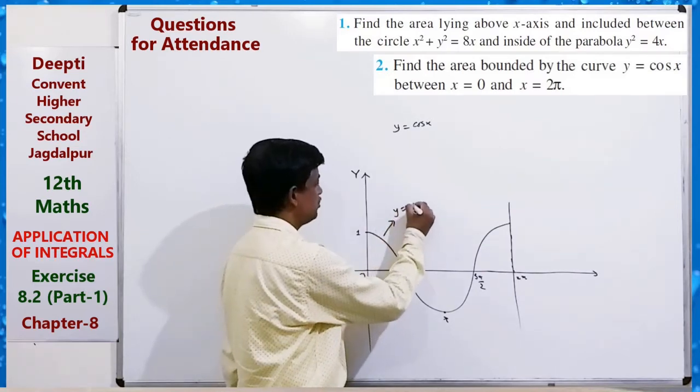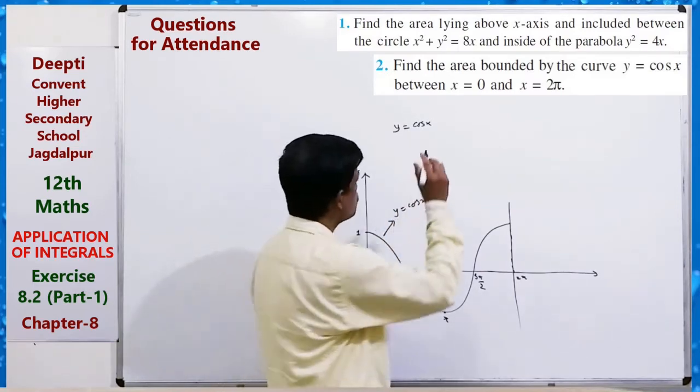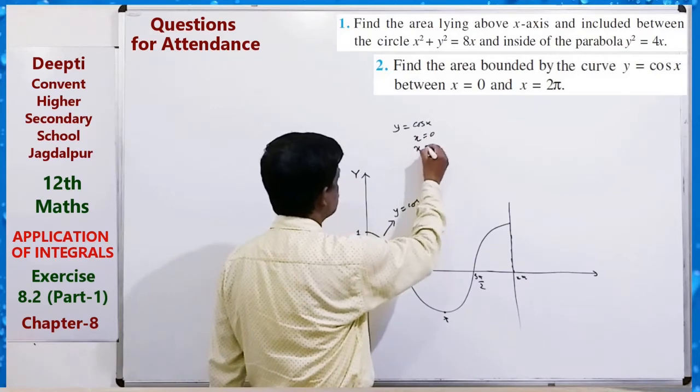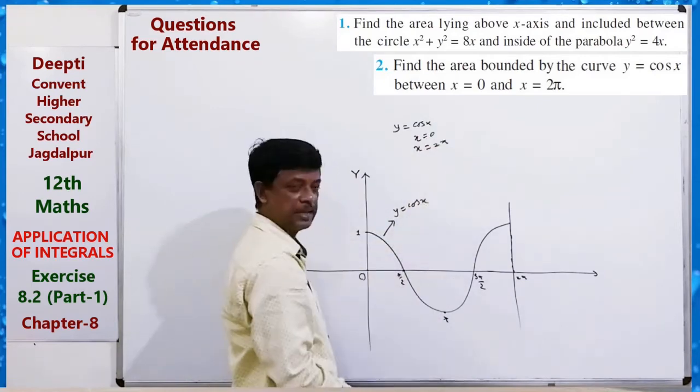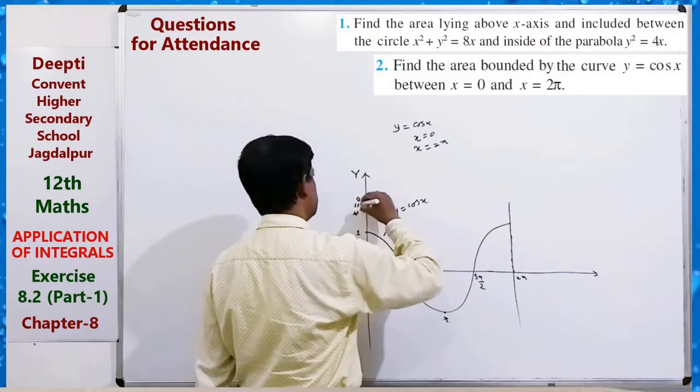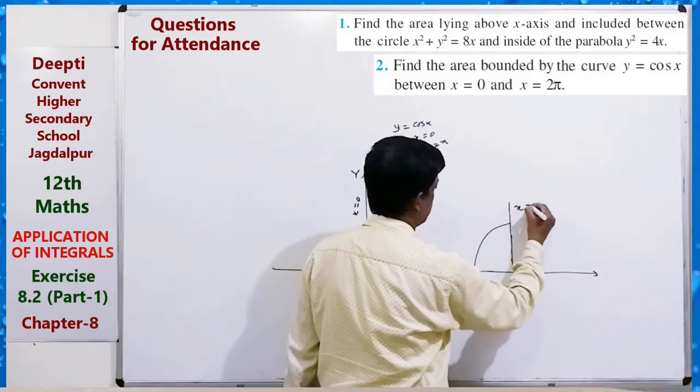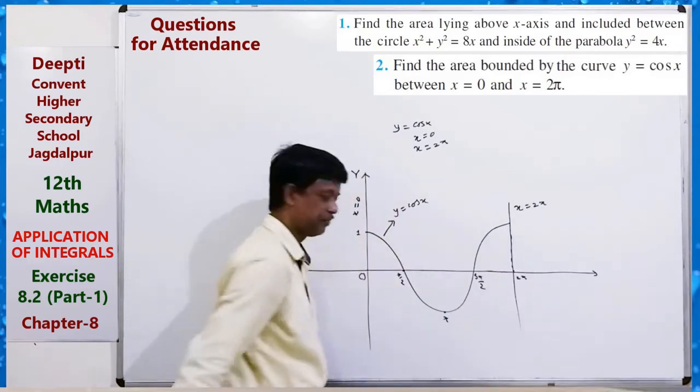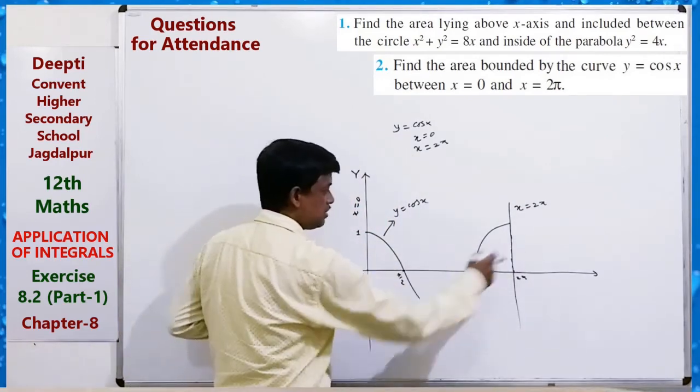What? Y equals cos x, x equals 0 and x equals 2 pi. 3 lines. X equals 0 is this, and x equals 2 pi is this line.